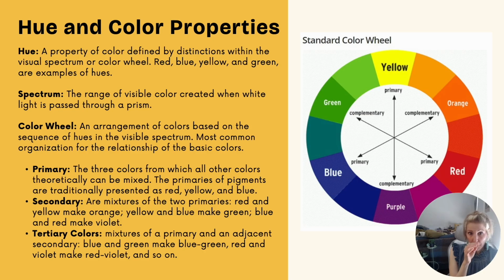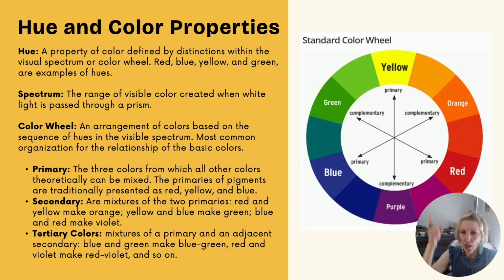Now we're going to talk a little bit about hue and color properties. Hue is a property of color defined by distinctions within the visual spectrum or the color wheel. Red, blue, yellow, and green are examples of hues. Now, the spectrum is the range of visible color created when white light is passed through a prism.